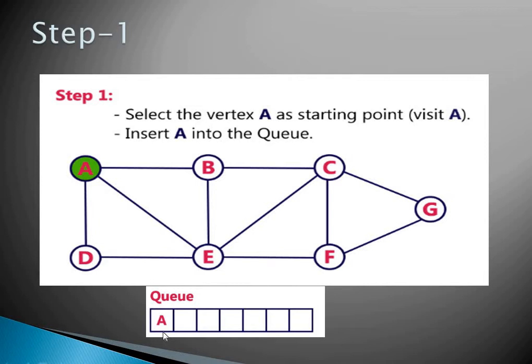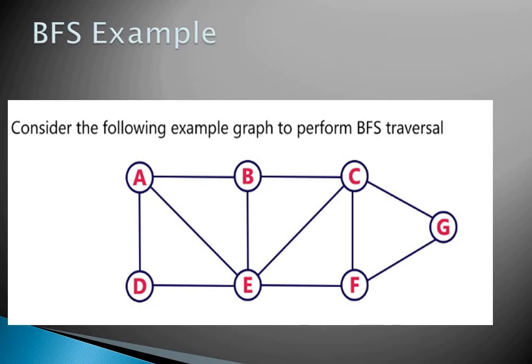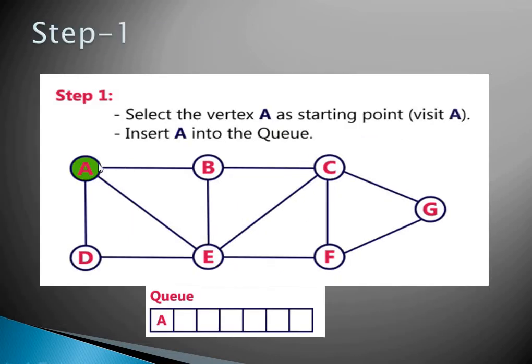One more thing, there are 3 coloring schemes in BFS. When all the vertices are non-visited, all the vertices will be white. As you can see in the previous diagram, all the vertices are white when they are non-visited. Once you visit a vertex, it will become gray, and as soon as you leave the vertex, it will become black.